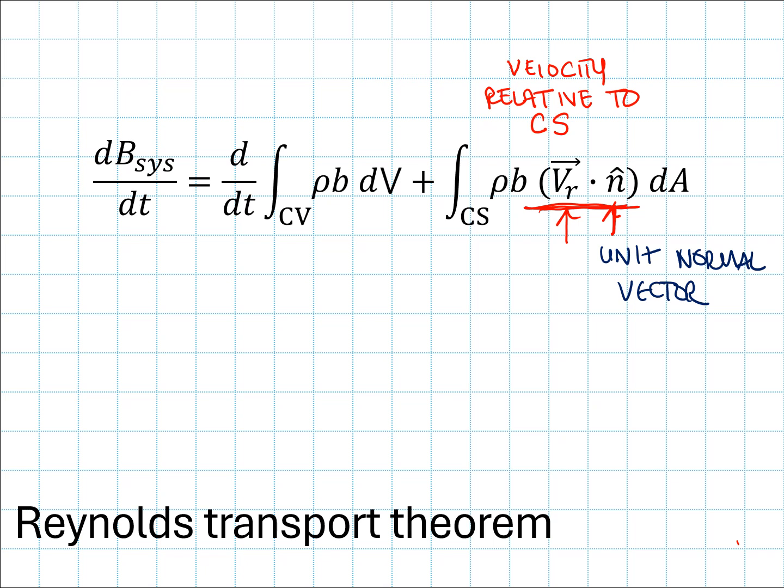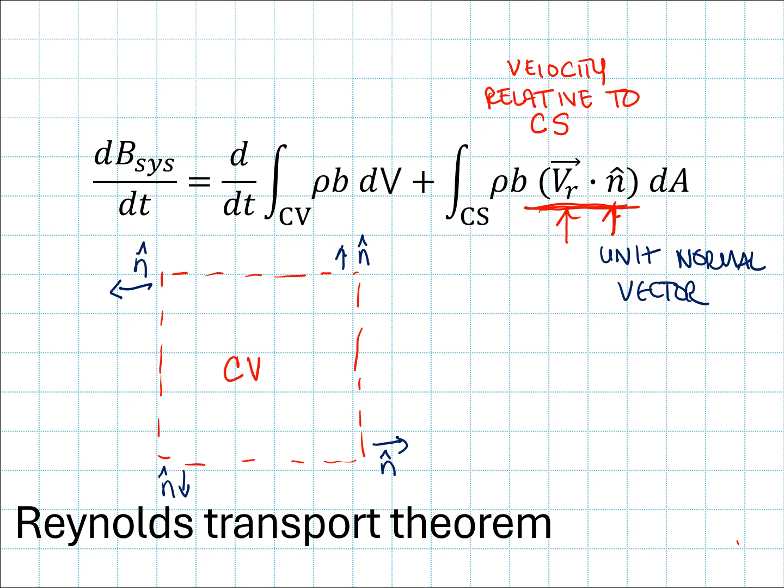So let's say we have a control volume with a control surface that looks something like this. Let me label this. This is my control volume, and my control volume is going to have unit normal vectors directed outward from each of its boundaries at an angle that's normal to the boundary on all sides. Each one has a magnitude of 1.